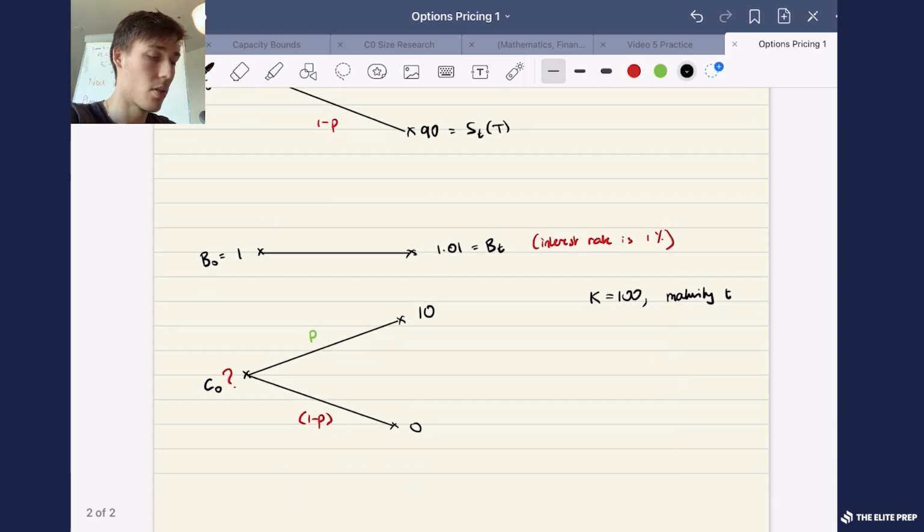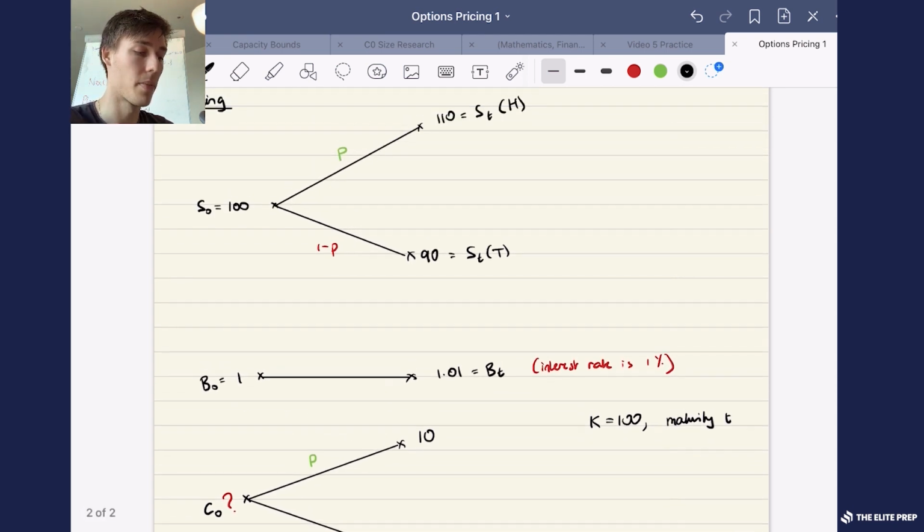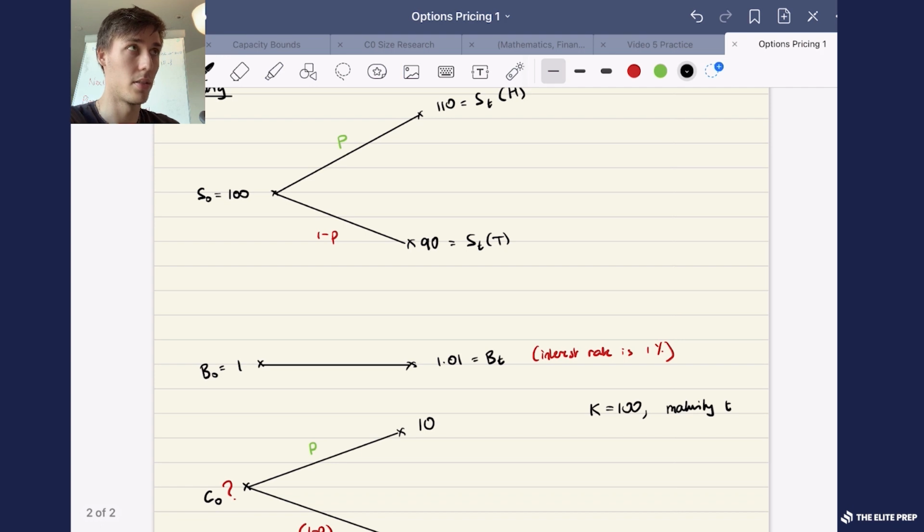Great. So the intuition behind pricing something like this is the following. We want to construct a portfolio, a collection of stocks and investment in our bank account, such that we can reproduce what the call option will give us.